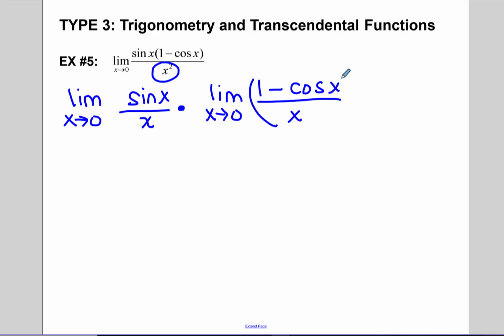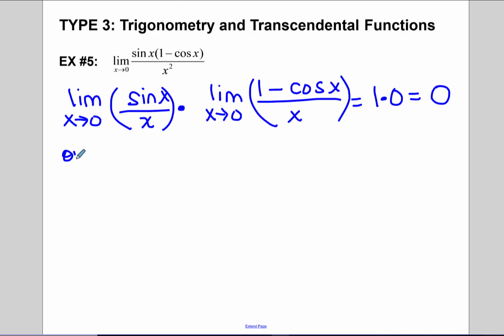If you chose to memorize those two rules, you could be done. This would be 1 and this would be 0, and 1 times 0 would give you a limit of 0, and you're finished. But let's say you're in a panic and you don't remember that rule, and that looks really scary.